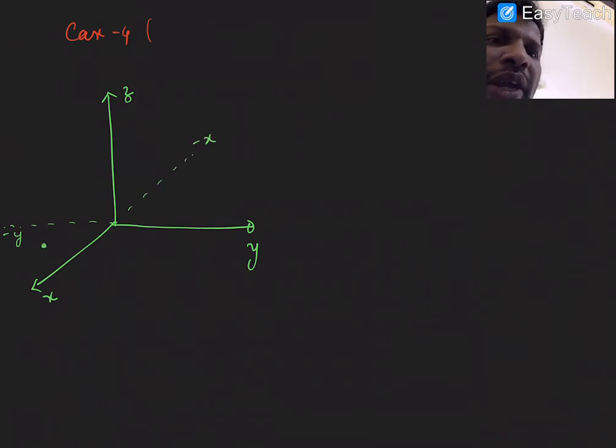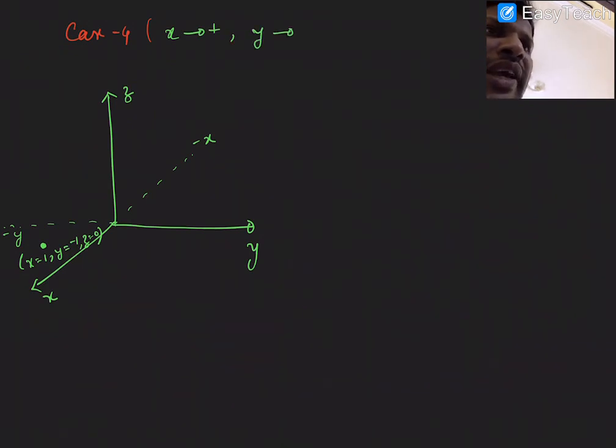So let us consider x is positive. Let's say x is equal to 1, y equal to minus 1, and let's say z equal to 0. So in case 4, x is positive, y is negative, and whatever be the value of z, there is no issue. So y is negative, so we are in the fourth quadrant.